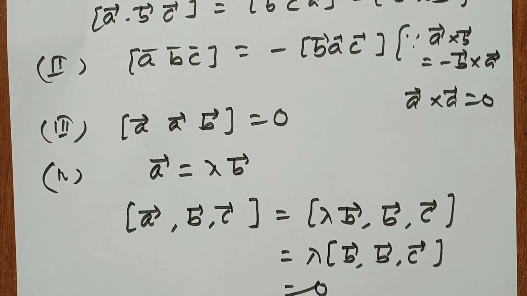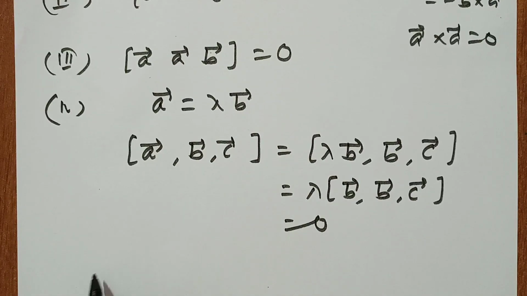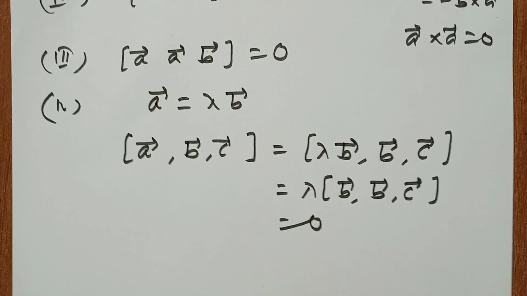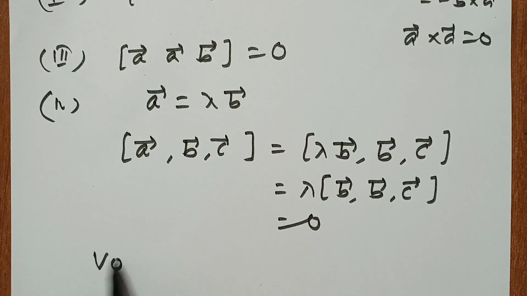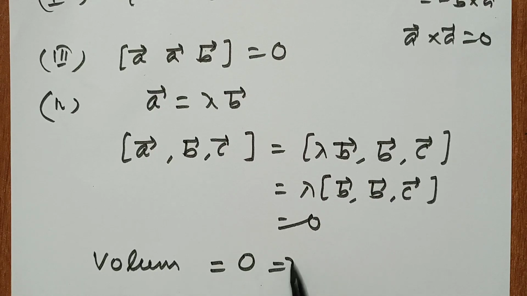This is very important: if the volume of the parallelepiped V is 0, then [A B C] is 0.